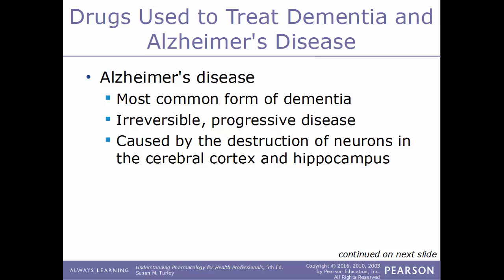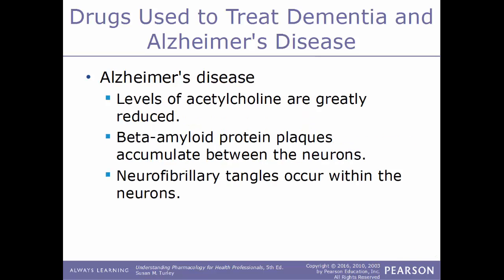Now, Alzheimer's disease is the most common form of dementia, and this is an irreversible progressive disease. This is caused by the destruction of neurons within the cerebral cortex and the hippocampus of the brain. Now, regarding Alzheimer's, the levels of acetylcholine are greatly reduced. And another characteristic of this condition, you have beta amyloid protein plaques that will accumulate between the neurons.